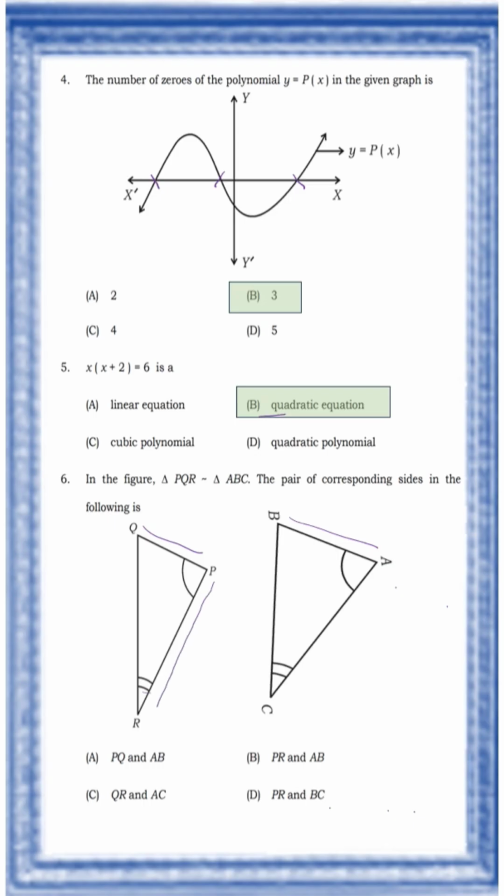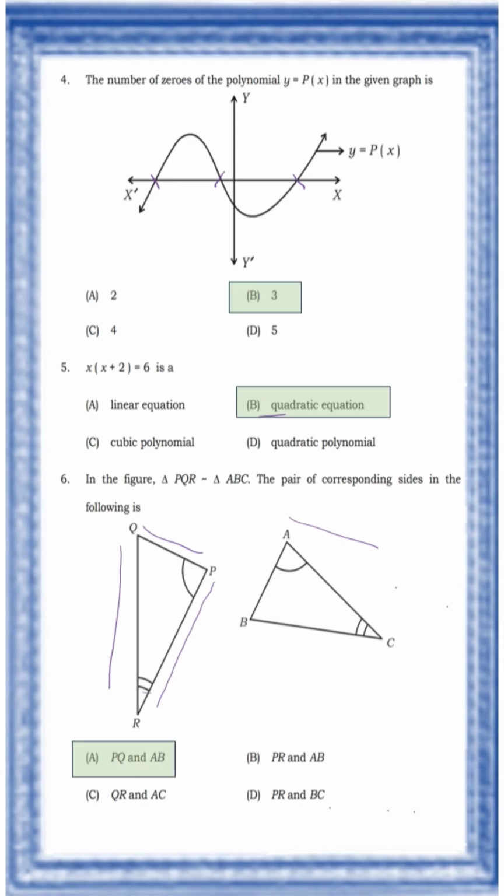PR and AB, not correct. And QR, this is QR, and AC, no. PR and BC. So option A is correct. AB, PQ. Okay.